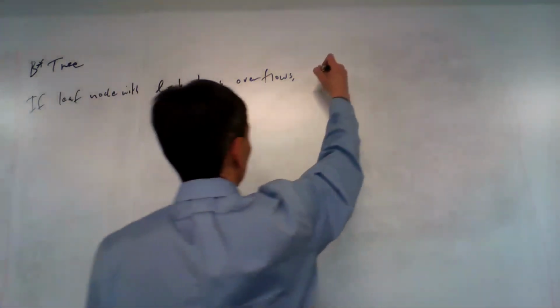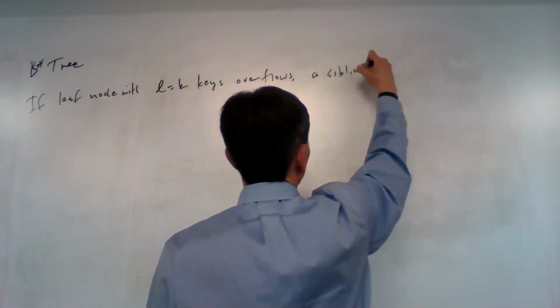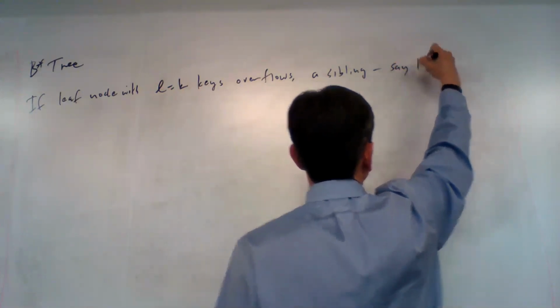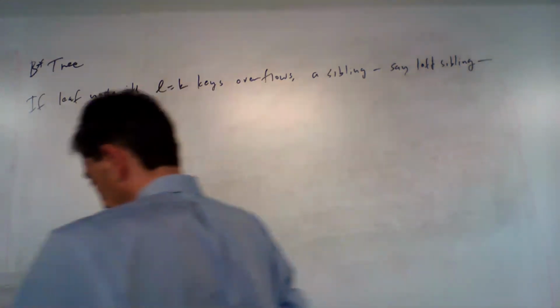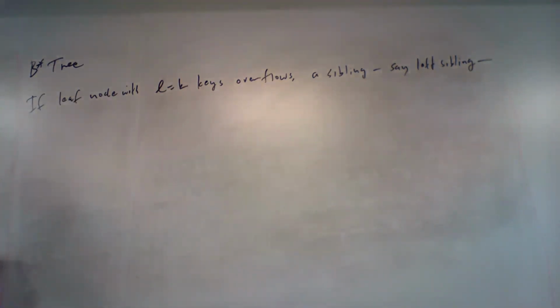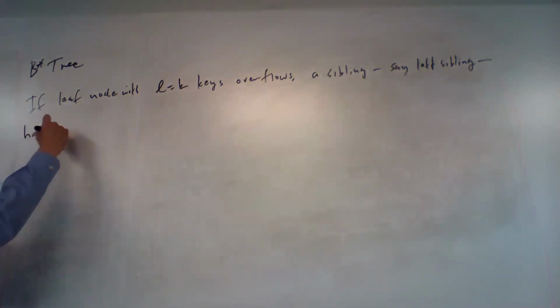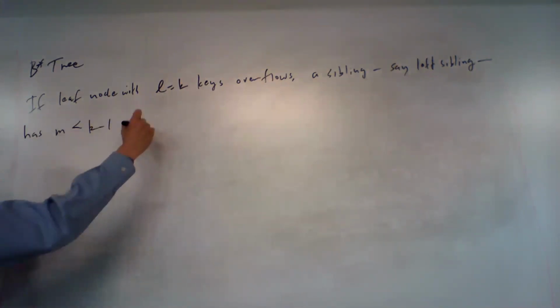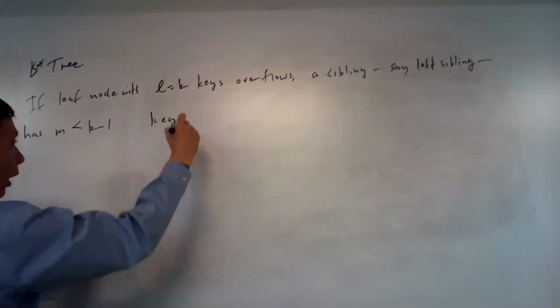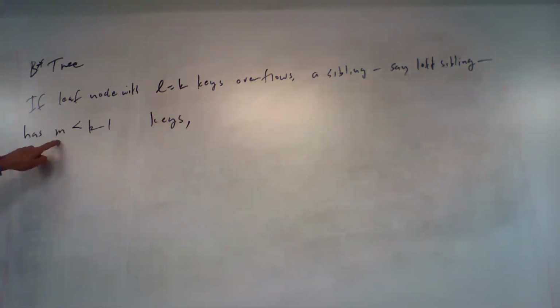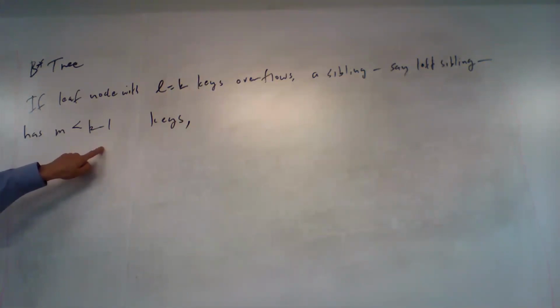A sibling, and we're going to say the left sibling, has M less than K minus 1 keys. So if the number of keys in the sibling is less than K minus 1, that is, there's at least one available slot in that node, possibly more. Okay.